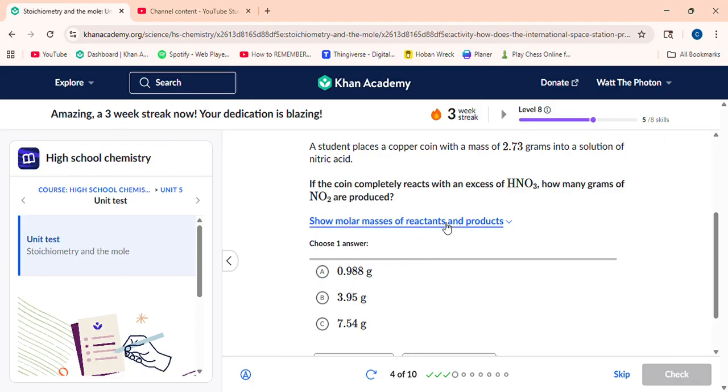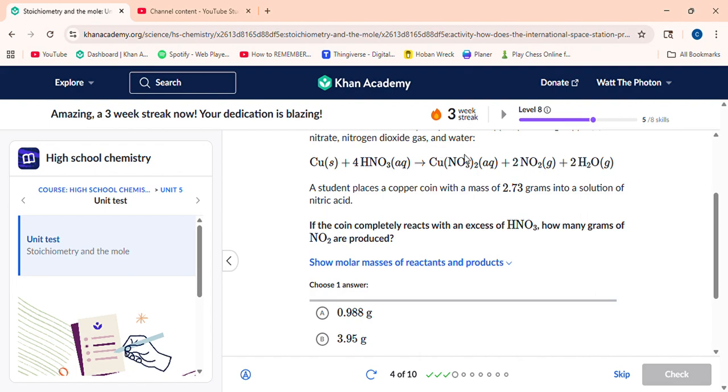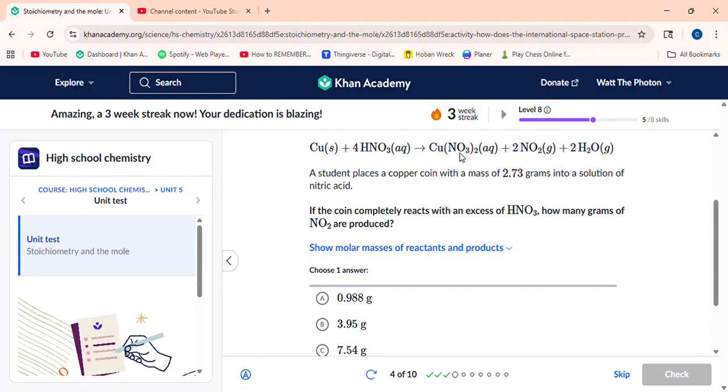So we have 3.95 grams of this. For nitric oxide, though, six, 4, 10, 12.